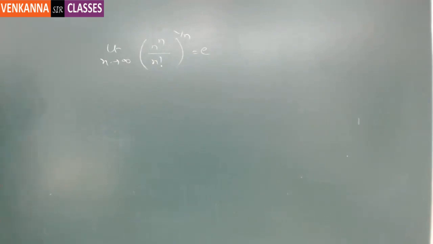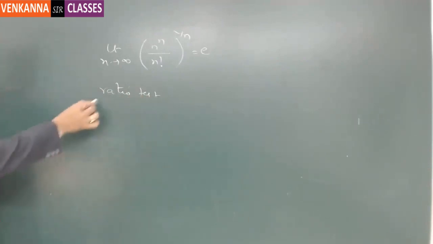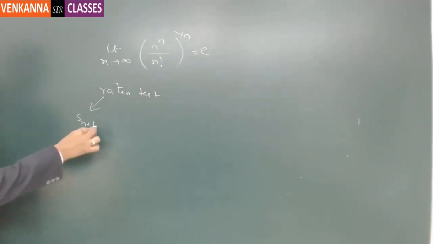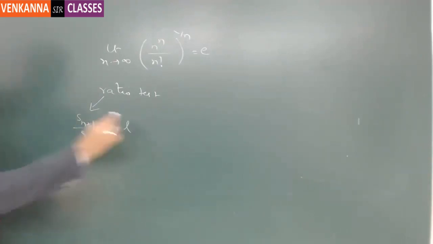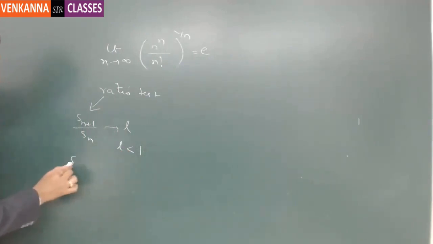Now, if this problem is given to you, on observing this immediately you should think what result you can apply here. I have given the 4 or 5 statements earlier, the results or theorems. So which will be applicable here? If you talk of the ratio test, the statement says that you calculate Sn plus 1 by Sn, it must have the limit L, and if the limit value is less than 1, then the sequence converges to 0.